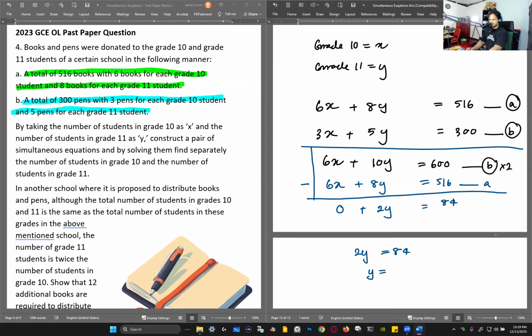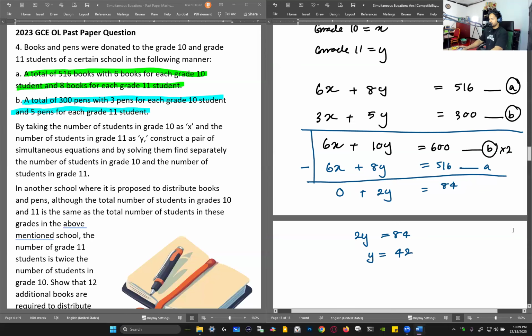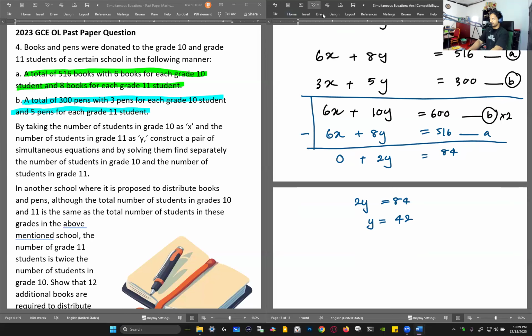Y equals 42. So y is the number of grade 11 students, right? This means that the number of grade 11 students equals 42. That's easy. Let's do the next part.